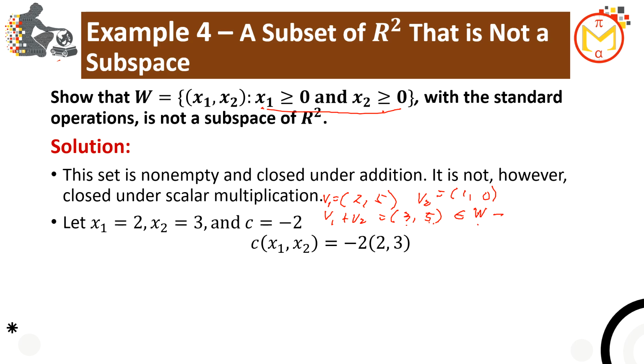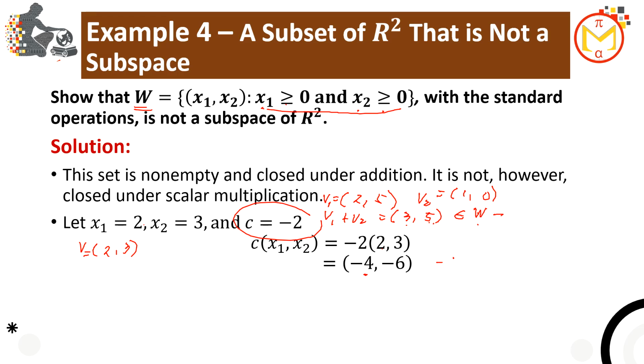But if we take a vector v equal to 2, 3, and your scalar is negative and you do multiplication, what will happen to your values? Negative 4 and negative 6 are negative, so the result does not belong to W anymore, because W says the values should be positive real numbers.